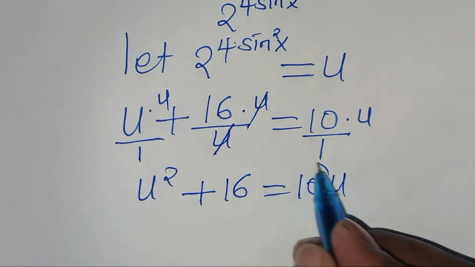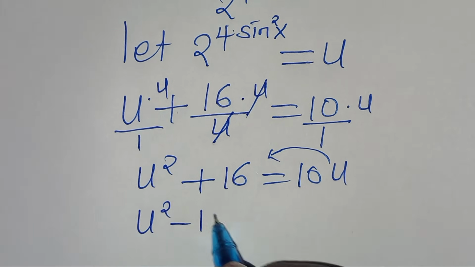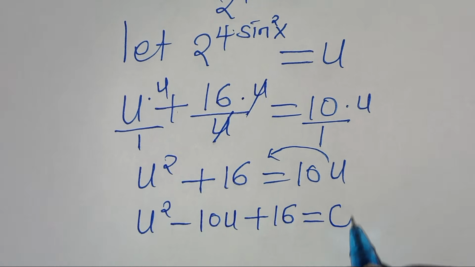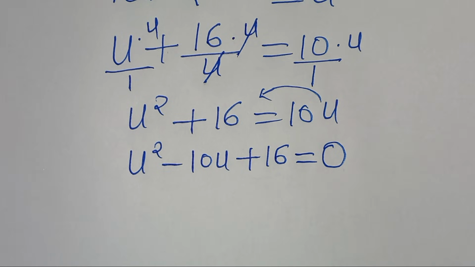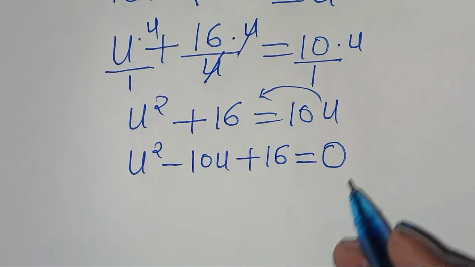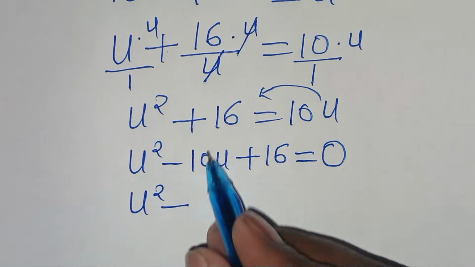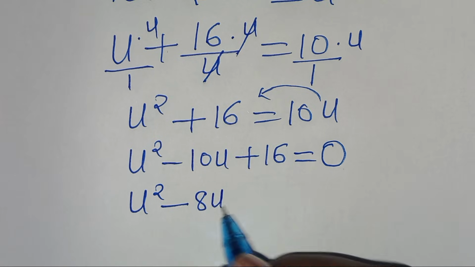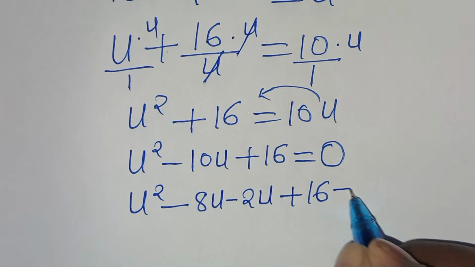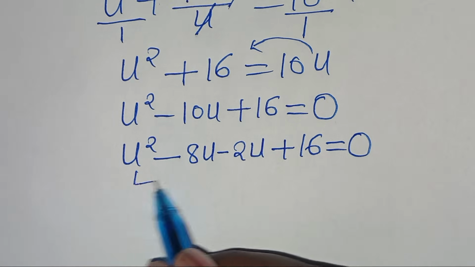Now let's take 10u to the left hand side so that we have u to the power of 2, subtract 10u plus 16, this is equal to 0. We can solve this quadratic equation by the factorization method, where we have u to the power of 2 subtract 10u, which is minus 8u minus 2u plus 16, this is equal to 0. So we have got two parts here.